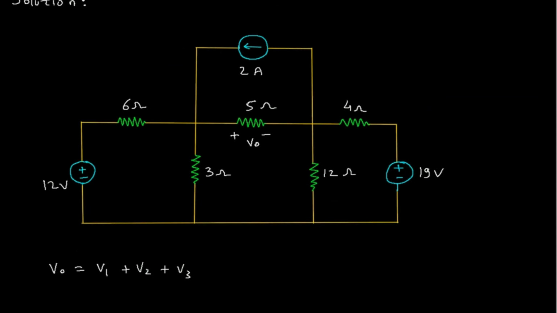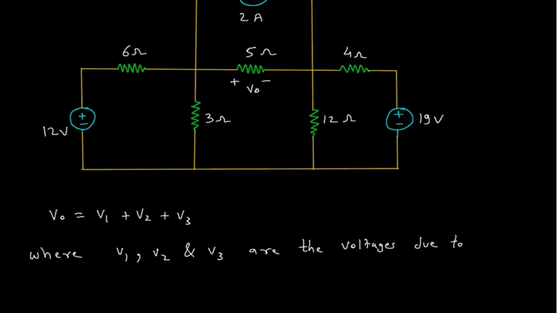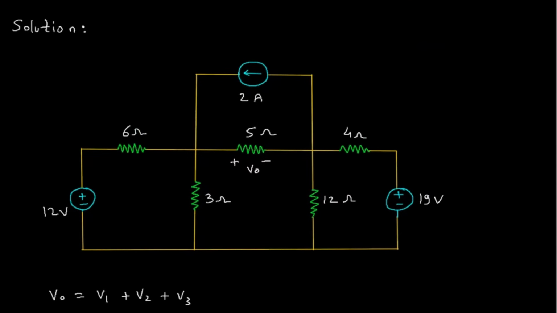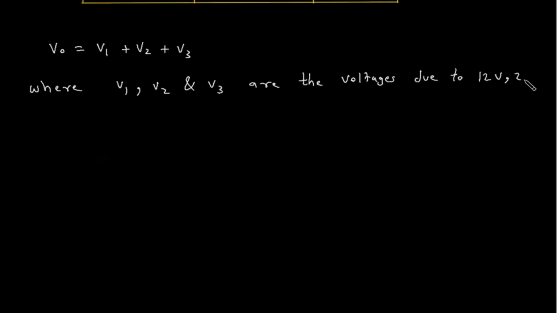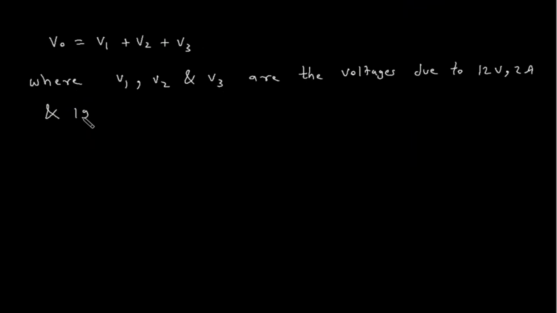Since there are total 3 independent sources, we have taken V1 plus V2 plus V3, where V1, V2 and V3 are the voltages due to 12 volt, 2 ampere and 19 volt respectively.